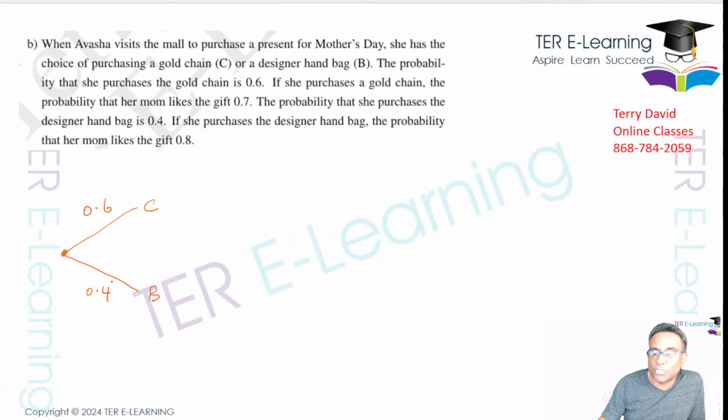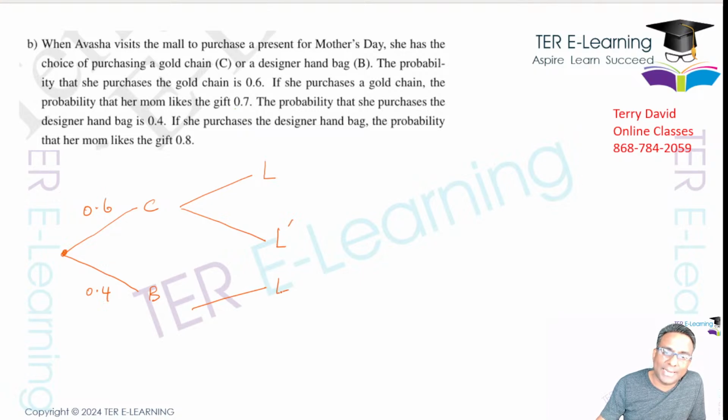So those are 2 scenarios there. Next, if she purchases a chain, the mother could either like it or not like it. So you have 2 options here. Either she likes it or she does not like it. We can write that as L prime. In the case of the handbag, the same options apply.